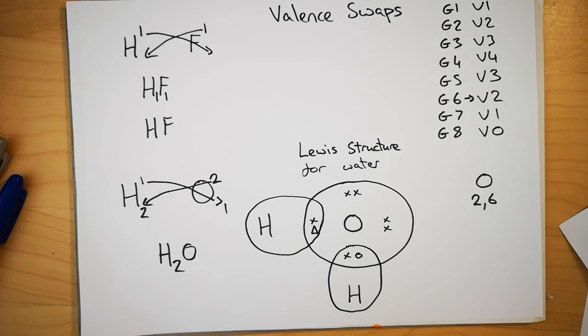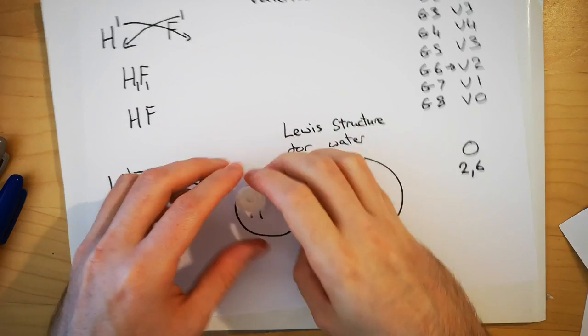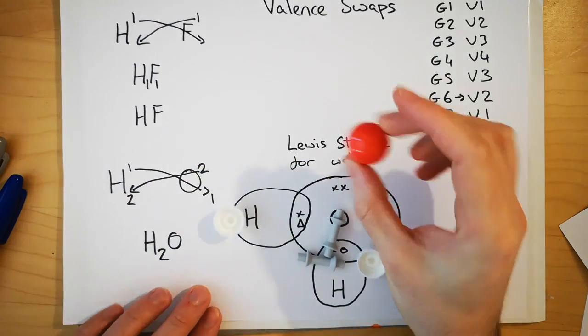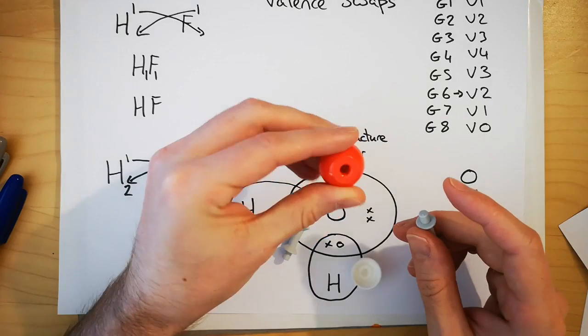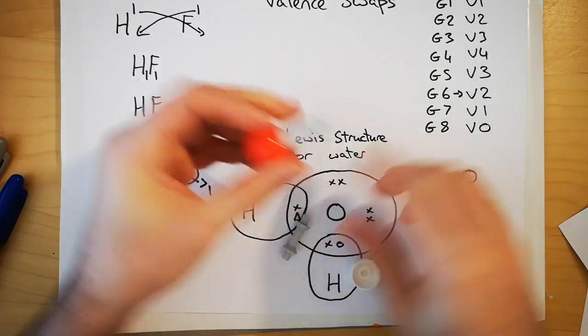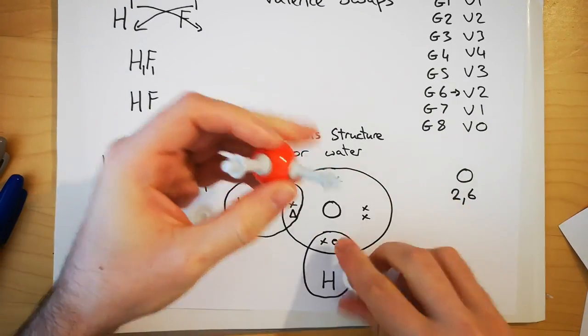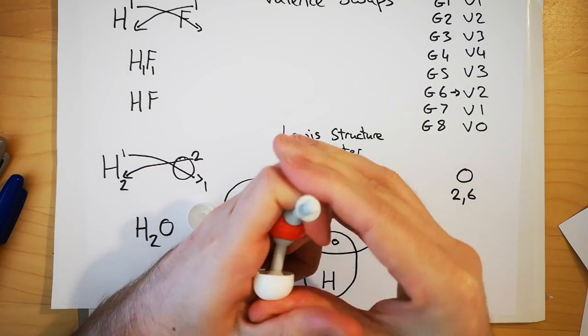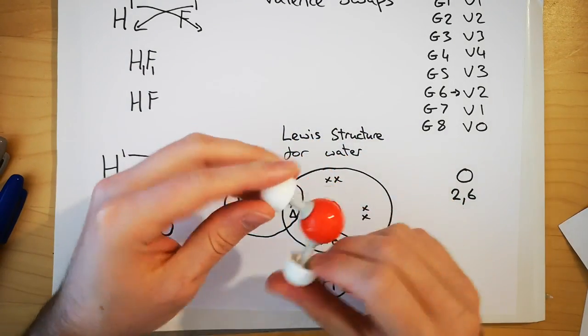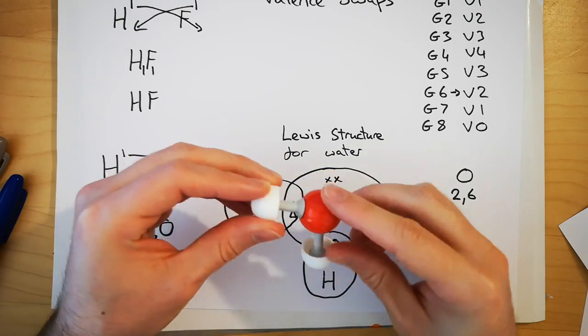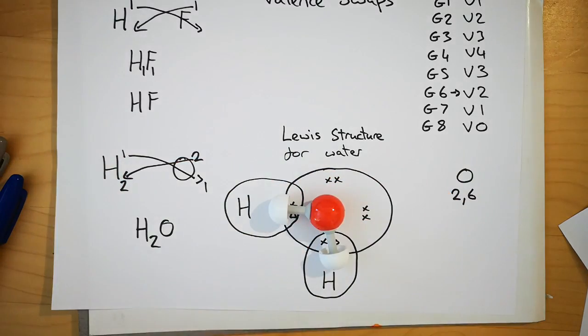Now, if I was to show you that as a simple molymod, I would have my red oxygen here, and the molymods have 2 little holes, and I can put the bonds in there and we get this. Now this is actually a representation of a water molecule, and as you'll see, it's not straight.